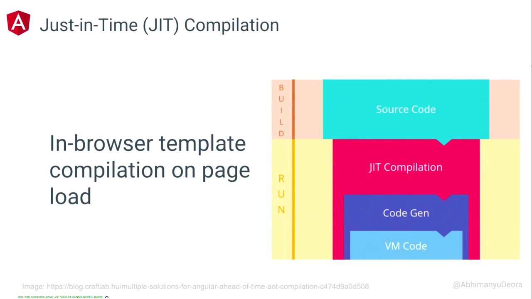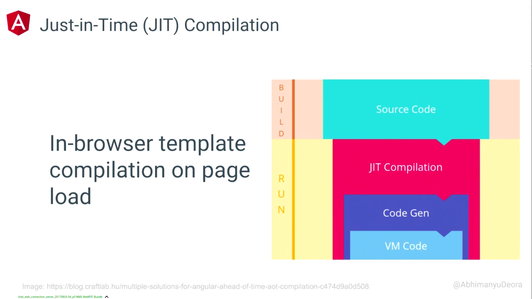There are two paradigms that have historically been in use and are currently in use. The first one, which is what Angular was created with, is just-in-time compilation. This does the compilation step in browser on page load. So you're writing your TypeScript or JavaScript code, and you ship code that looks very similar to that to the browser directly. It might be bundled with Webpack or Rollup to make it easier to ship, but you're shipping code that looks very similar to what you actually write.